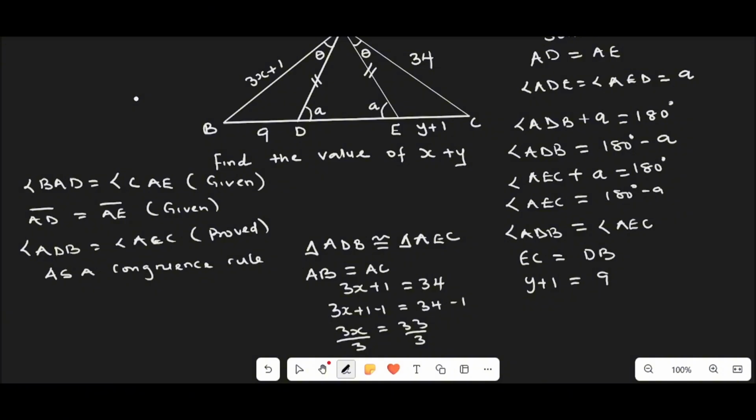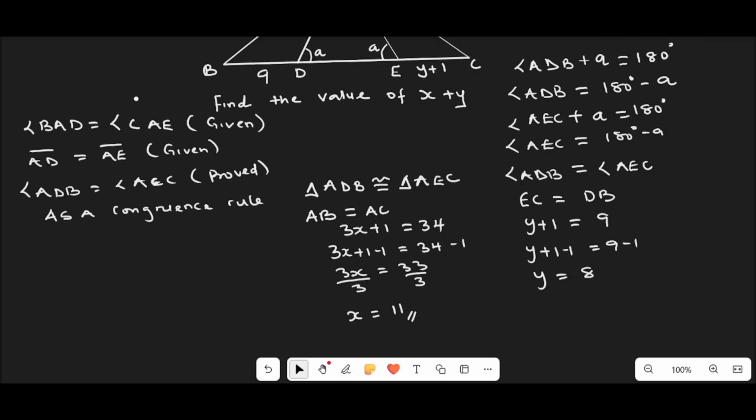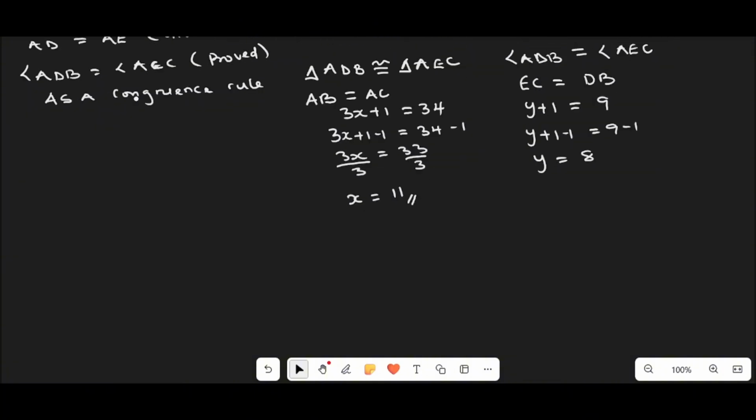So subtract 1 from both sides. y plus 1 minus 1 equals 9 minus 1. So y equals 8. And the question asks us to find the value of x plus y. x plus y will be equal to, our x is 11, 11 plus our y is 8, 8, which is equal to 19. So the required answer is 19.